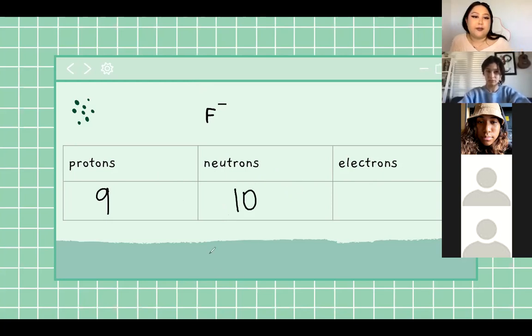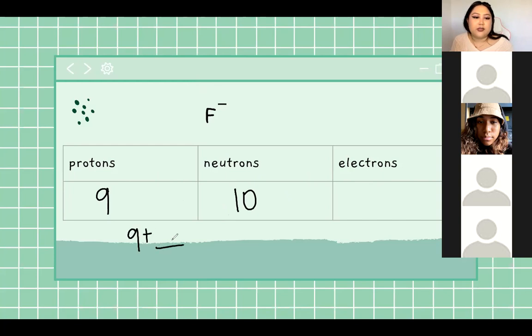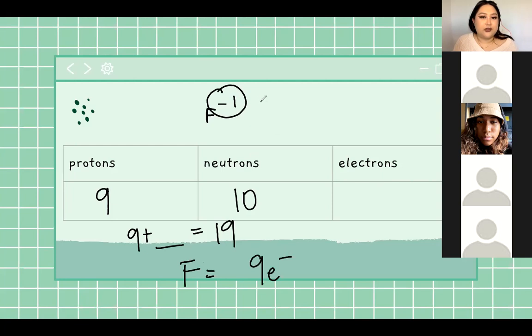And we got that from 9 plus blank, since the atomic mass was 19. And then for the number of electrons, a normal fluorine would have 9 electrons. But since this is a -1, did we gain or lose an electron? Gain, yeah. So we would have a total of 10 electrons. Does that make sense?